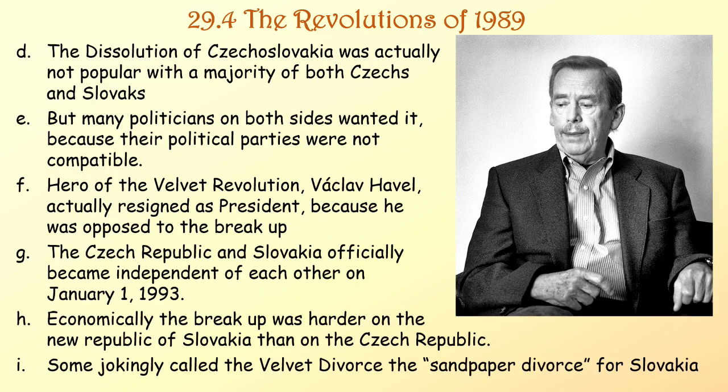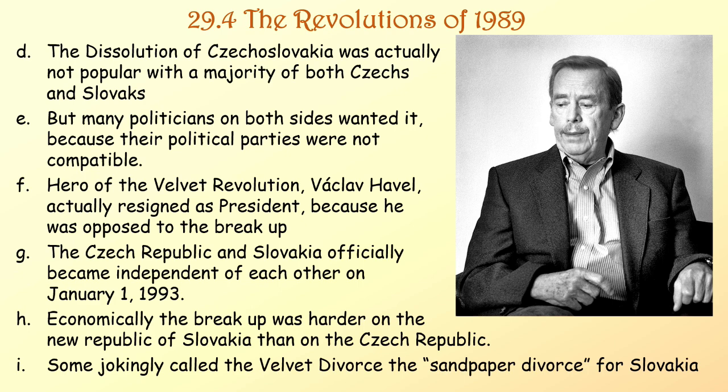The dissolution of Czechoslovakia was actually not popular with a majority of both Czechs and Slovaks. But many politicians on both sides wanted it because their political parties were not compatible. Hero of the Velvet Revolution, Václav Havel, actually resigned as president because he was opposed to the breakup.